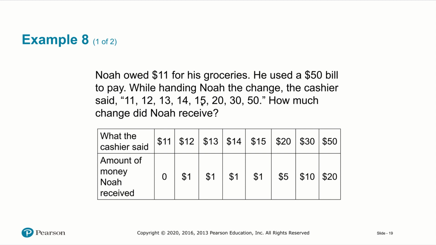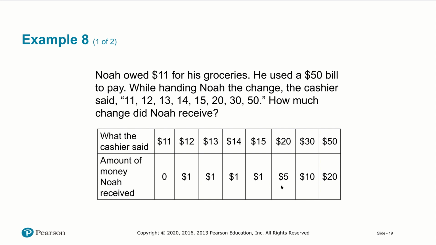And then once she was done handing the ones back, she then said 20 and then 30 and then 50. So that means, starting with 11, that's the starting point. Noah is not getting any money there because that's how much he owed. So starting with the 12, we know there are 1, 2, 3, 4 ones.